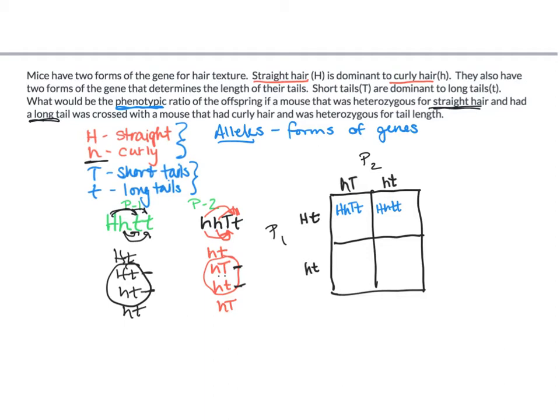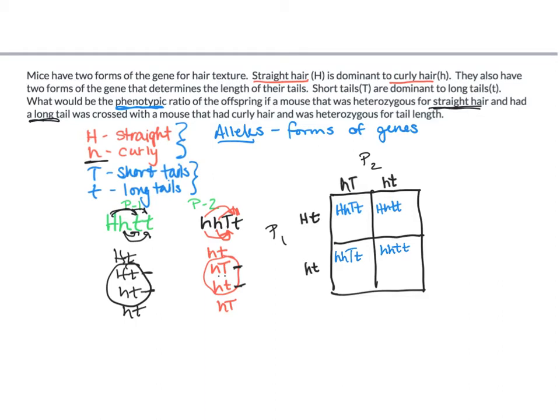Little h, and then big T, little t. And over here, little h, little t, little t. So these are the possible outcomes.